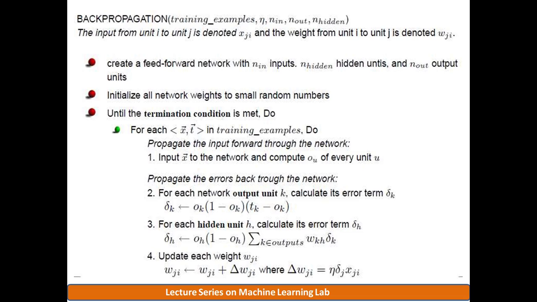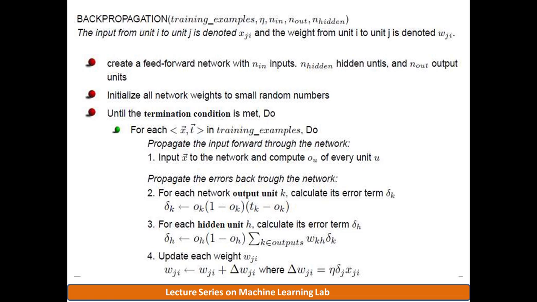In the first stage, the data is moved from the input to the output layer. In the second stage, the error is calculated at the output layer, and the difference is fed in the backward direction. Hence the name backpropagation. The error is propagated back so that the weights are adjusted accordingly.